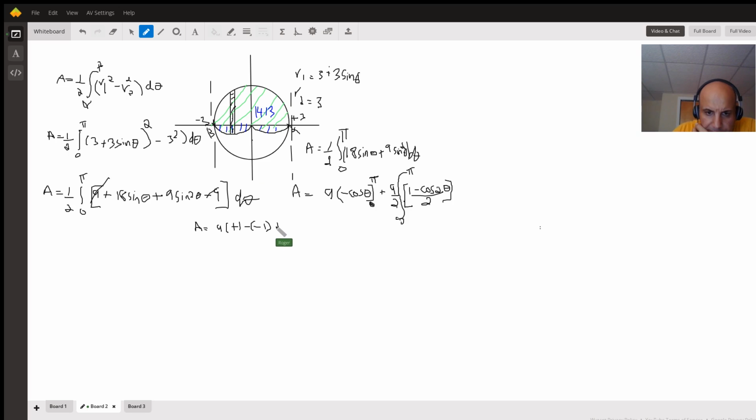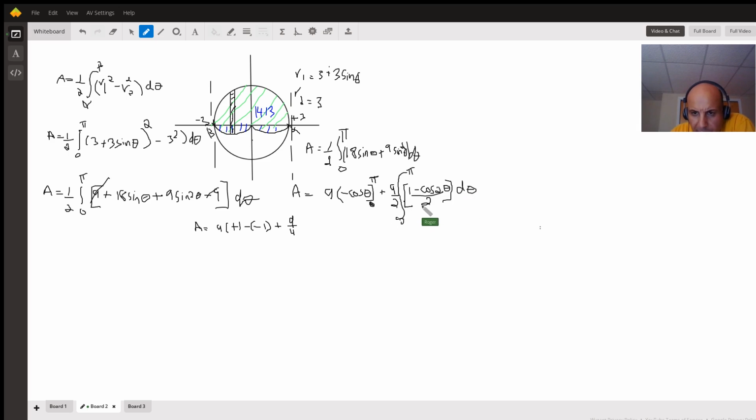Plus, we're going to integrate this now. 9 over 2 times theta. So 9 over 2 times half gives you 9 over 4 d theta. This is d theta here.